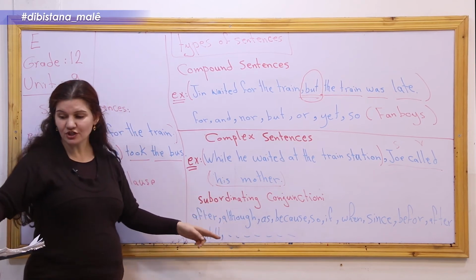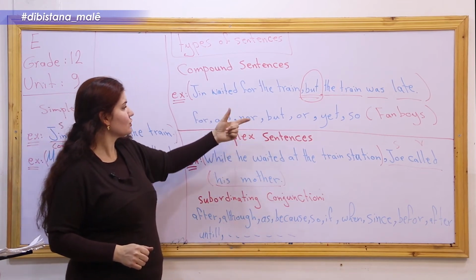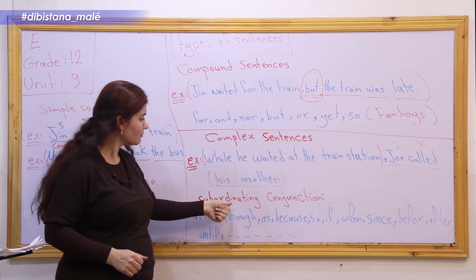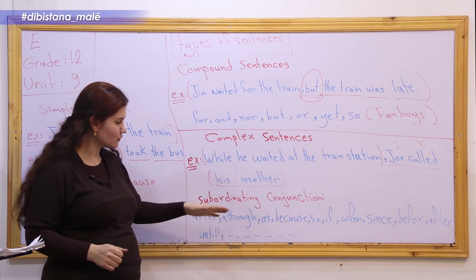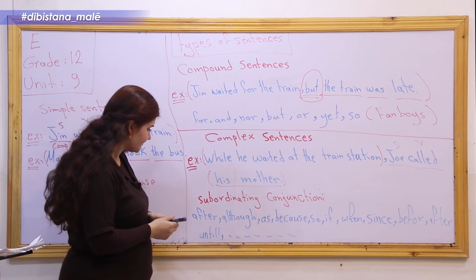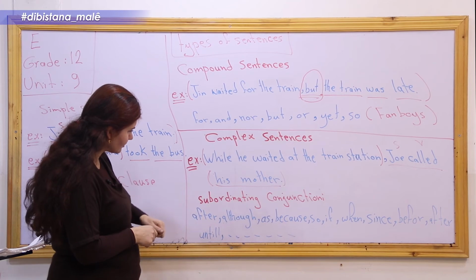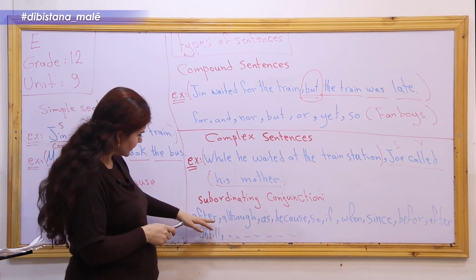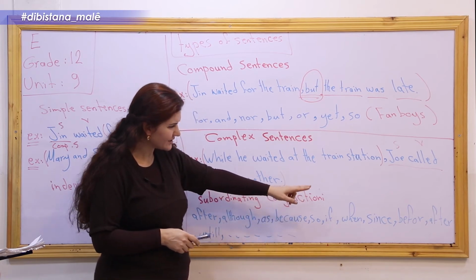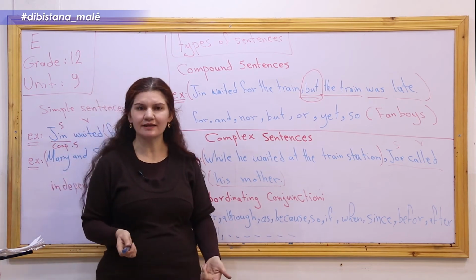To make complex sentences we use a subordinating conjunction, not a coordinating conjunction as in a compound sentence. Subordinating conjunctions include: after, although, as, because, so, if, when, since, before, until, till, whenever.